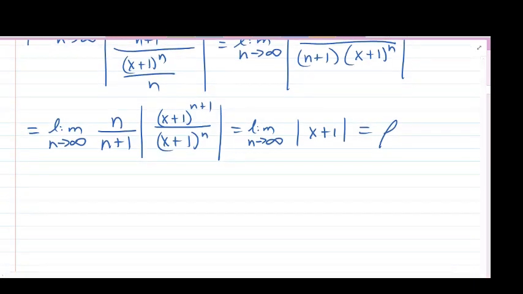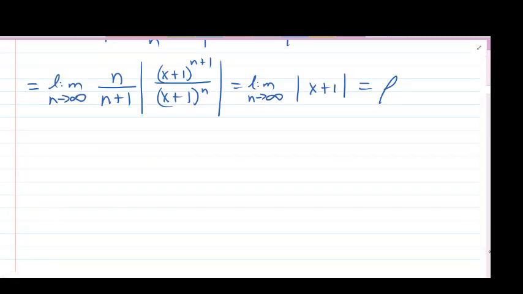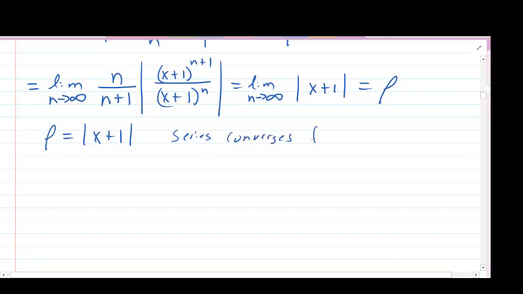So now what we know is that rho is equal to the absolute value of x plus 1. Recall that the ratio test says that the series converges for rho less than 1.